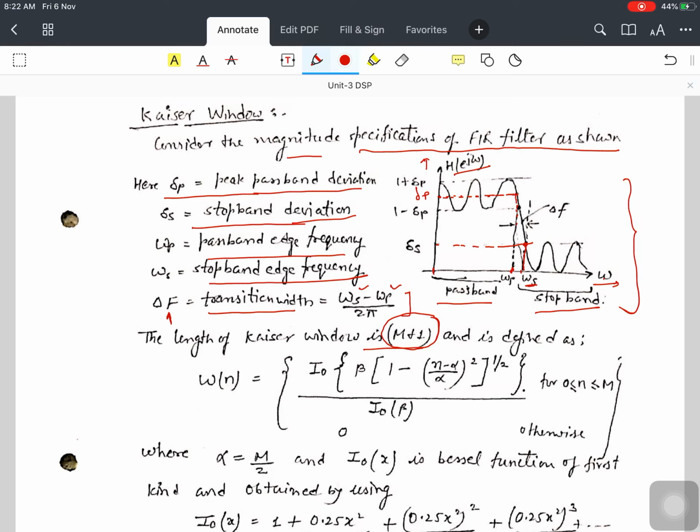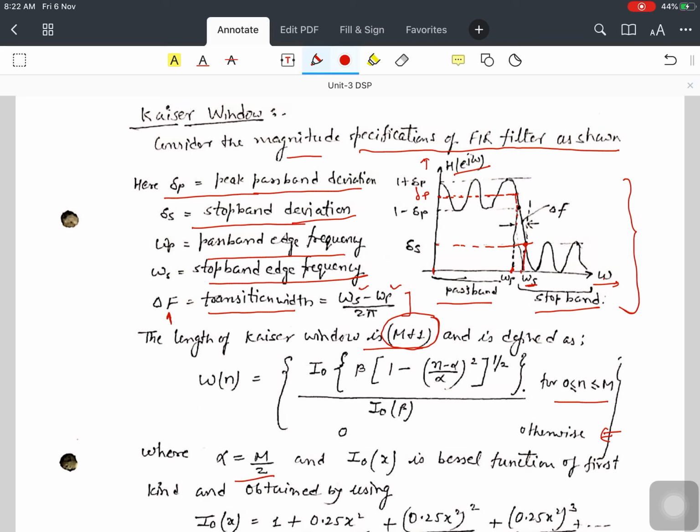The window function for this Kaiser window is w(n) equal to I naught of beta times the square root of 1 minus ((n minus alpha) upon alpha) whole squared, divided by I naught of beta, for n lying between 0 and M, and the value is 0 otherwise. So this is the Kaiser window function. Here alpha is nothing else but M by 2.